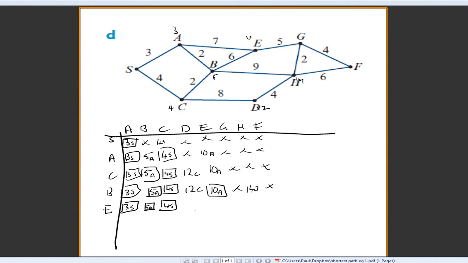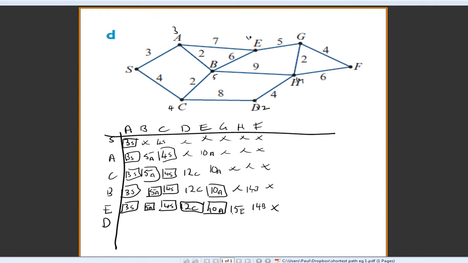Alright, so we only write the boxed values down, and we won't confirm the D until we've checked it all out. Alright, so we're at 10 for E. 10 only goes to G. 10 plus 5 is 15, so it's going to be 15 to G from E. That's the only place we can go, so now we can safely write down the rest of the values, 12C and cross. Okay, smallest value is 12.